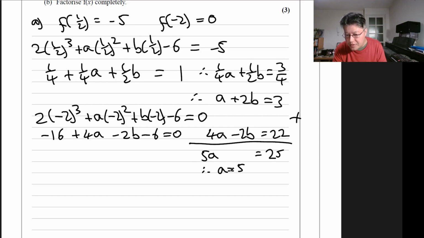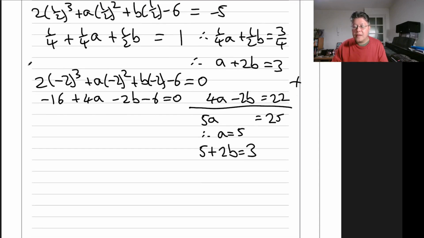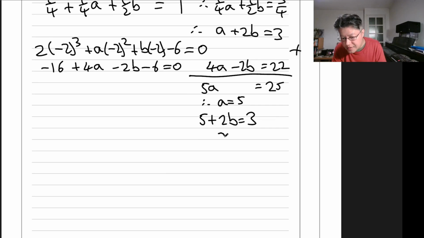And we can substitute this into, say, this equation here to give 5 plus 2b equals 3. And if we solve this, 2b equals minus 2. Therefore, b is minus 1. So a is 5 and b is minus 1.